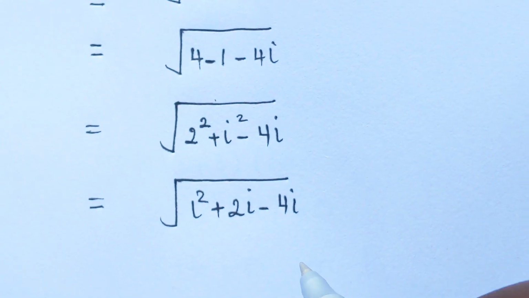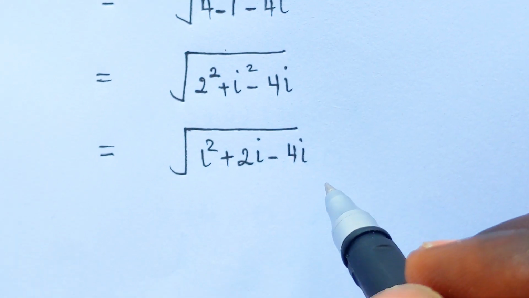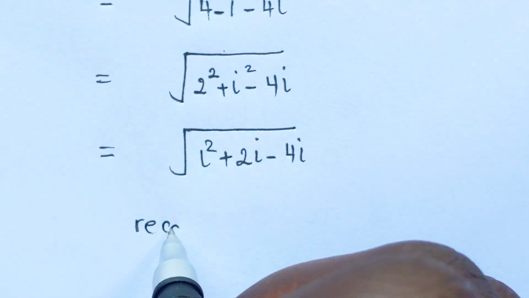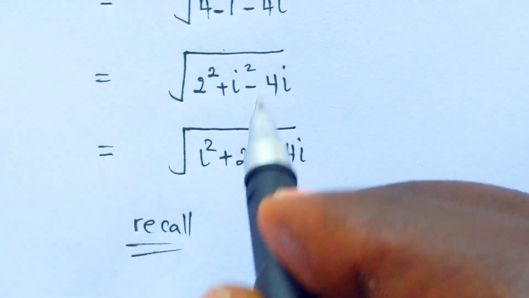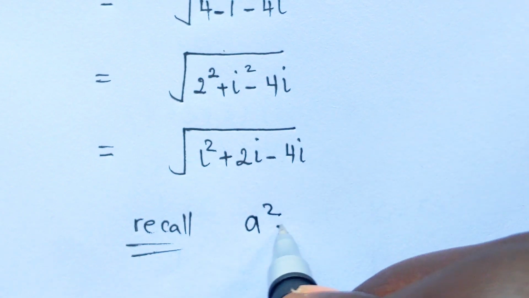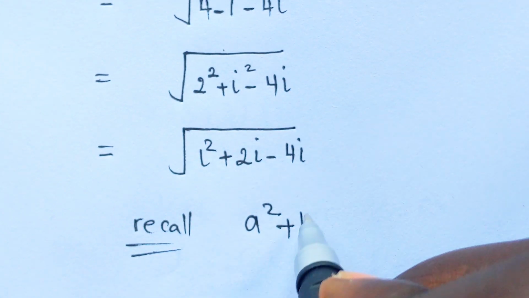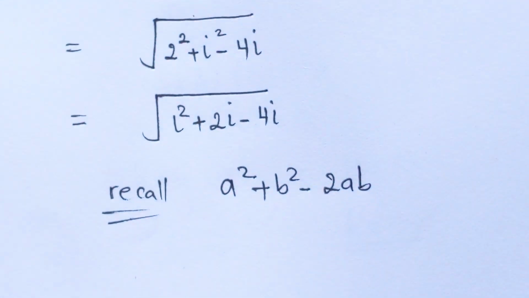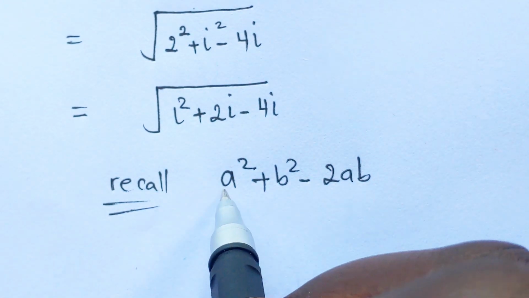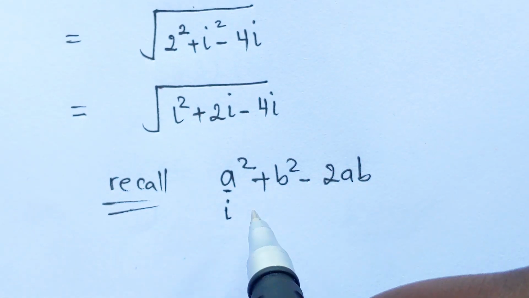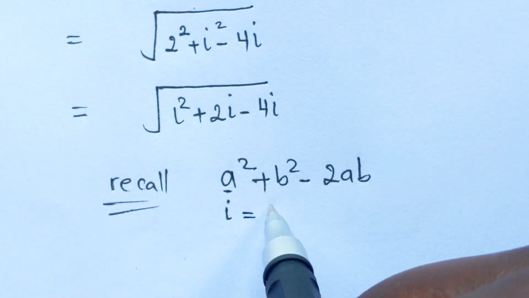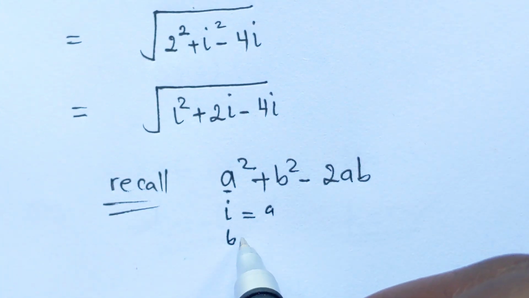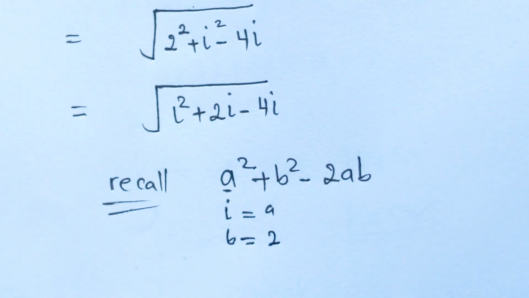If you are seeing nicely, let us say that the core formula is when we have a squared plus b squared minus 2ab. What is our a? Our a is i. What is our b? Our b is equal to 2.